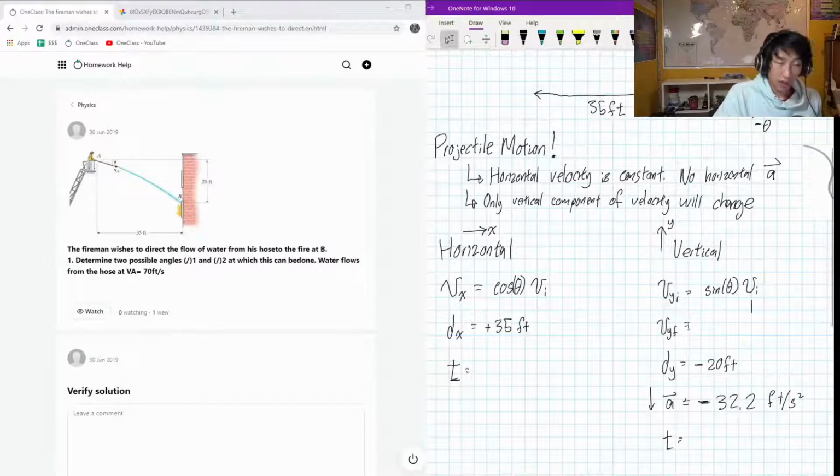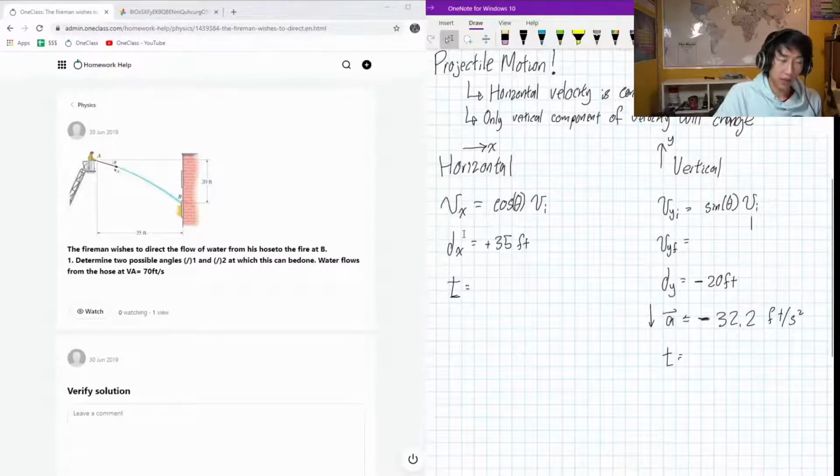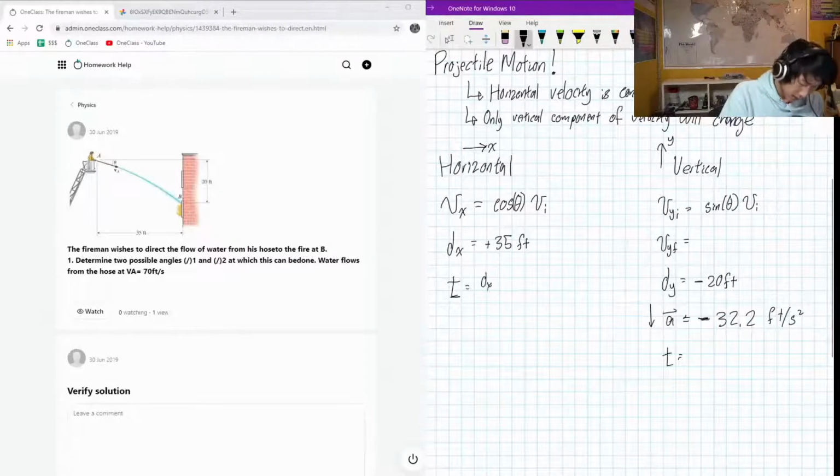Our final velocity, we don't know that quite yet, and the time that it will take, we also don't know yet, but we know that distance and velocity are related to each other through time. So distance divided by the horizontal component of the velocity is going to be equal to the time.